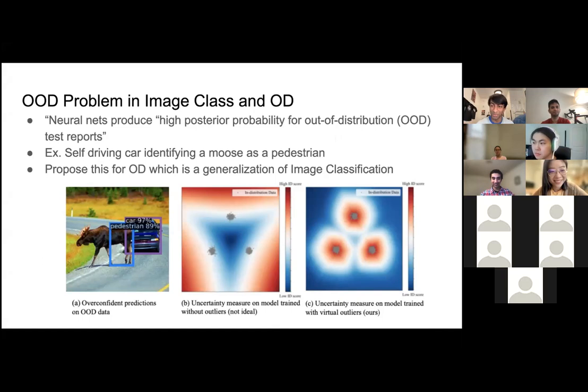When you're presented with this image, the detection algorithm will say with high confidence that it's a pedestrian because it's out of distribution. They present this as an issue and say that we need to be able to correctly identify when we have data that is unknown, that is actually out of distribution.